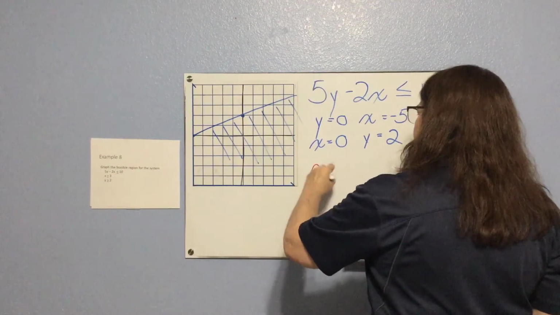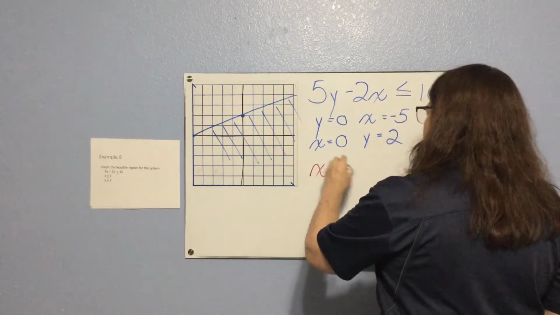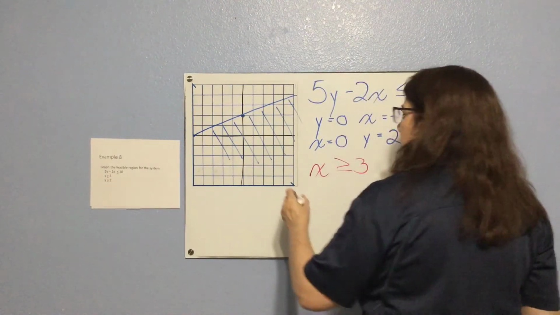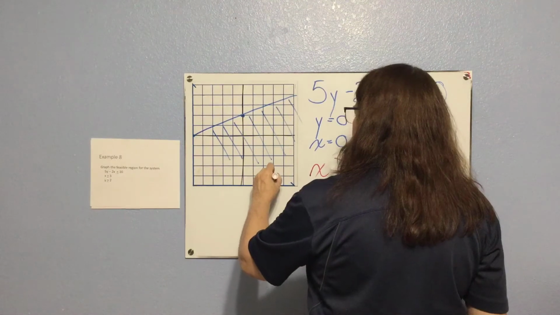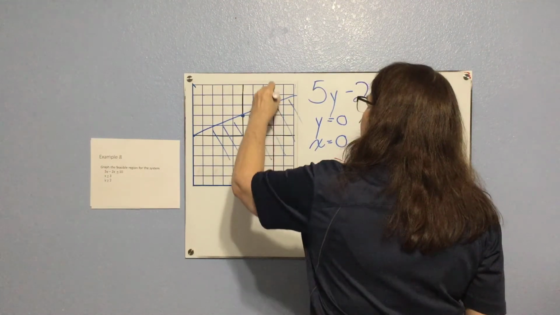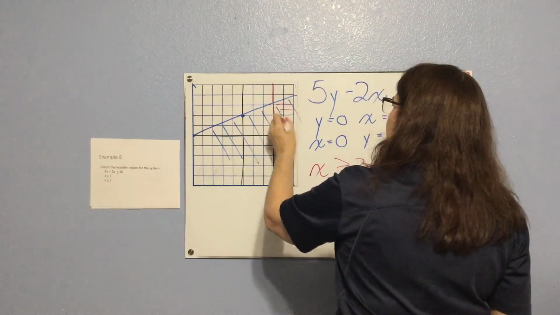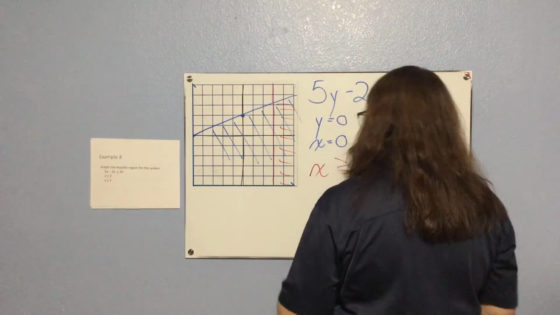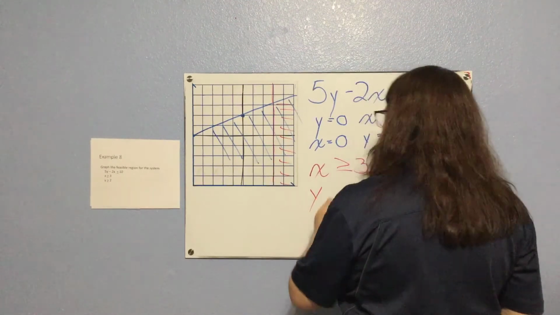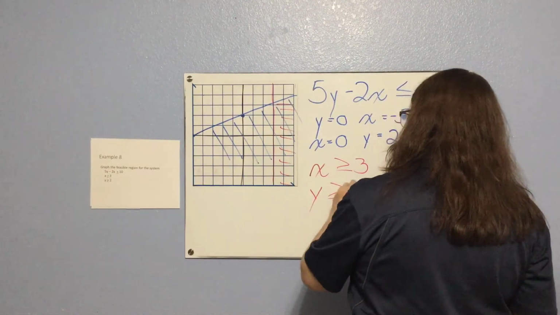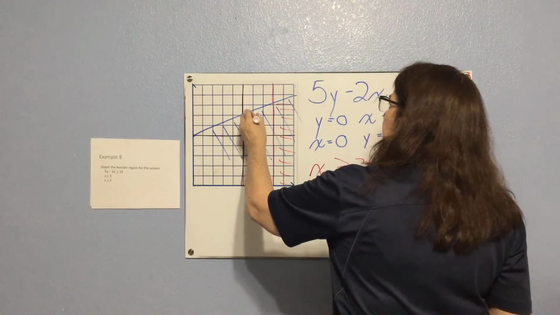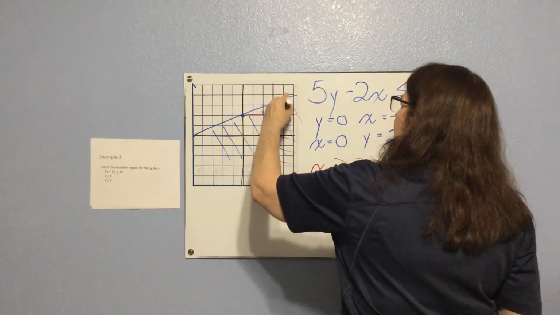And now I have x greater than or equal to 3. So we'll just draw a solid line at 3, and greater than would go to the right. And then y greater than or equal to 2, so up here, and that would go this way.